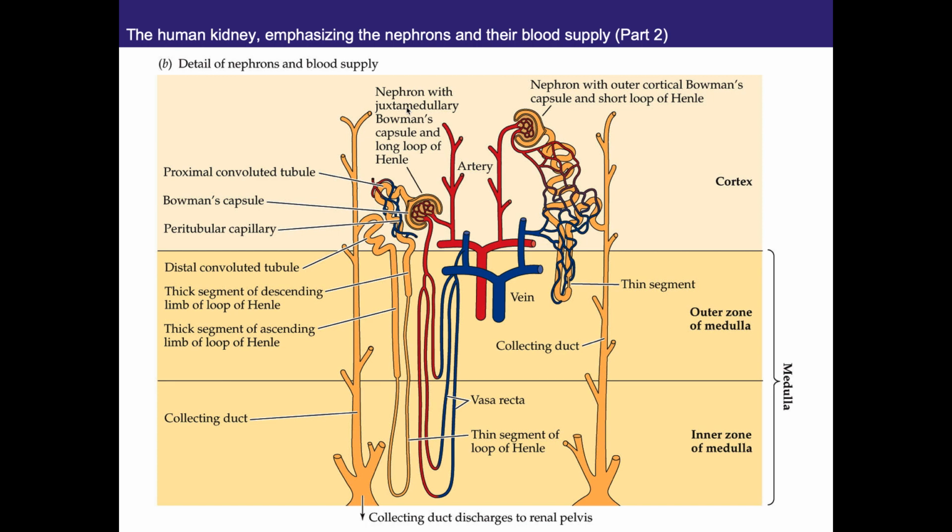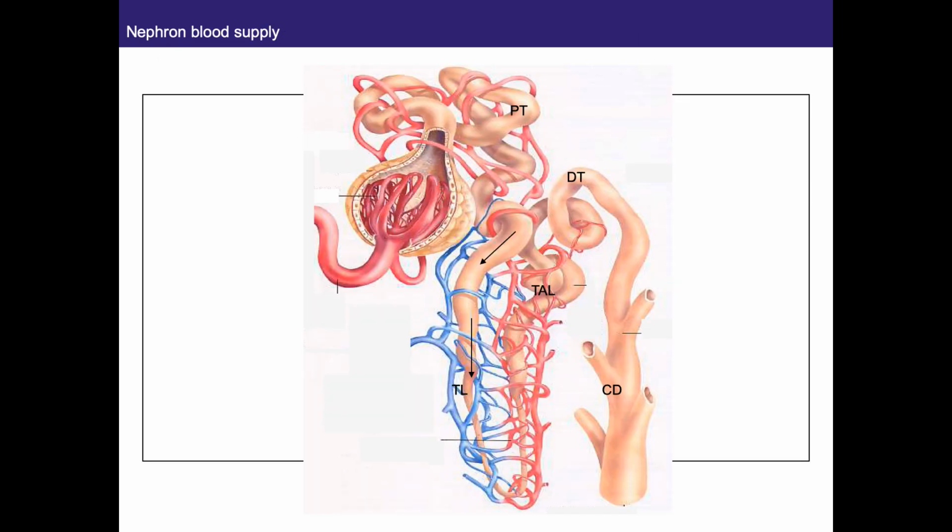And it has a special name because it helps to maintain that osmotic gradient that's established by the loop of Henle. And we'll talk more about that as well. Now, the vasa recta really isn't a nice U shape like this. I mean, it's nice to diagram it this way, but it actually looks more like this. It completely surrounds the loop of Henle.